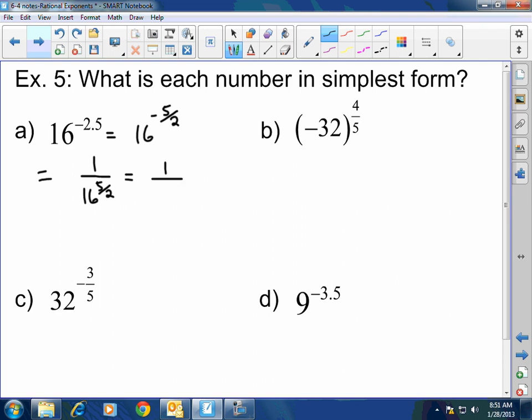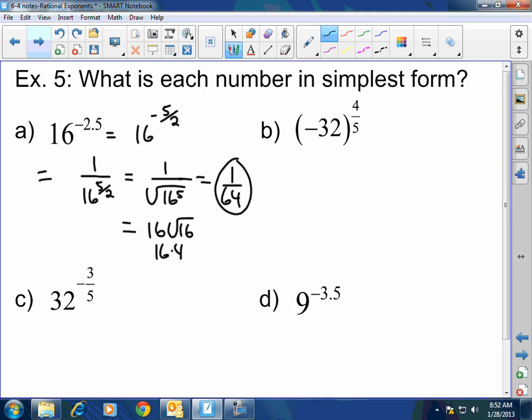You have one of two things here. The square root of 16 to the 5th. I'm looking for sets of 2. So I have 5 16s. So that means I have 2 sets of 2. So I could pull out a 16, and I have 1 square root of 16 left over. So that's going to be 16 times 4. So I have 1 over 64.